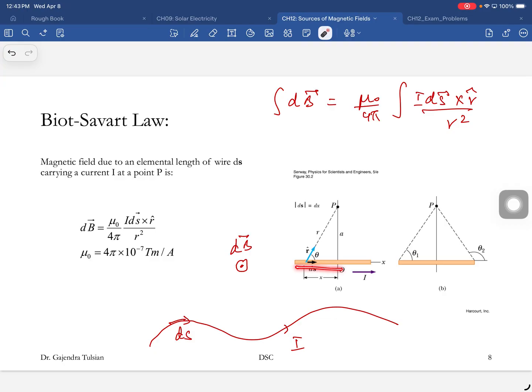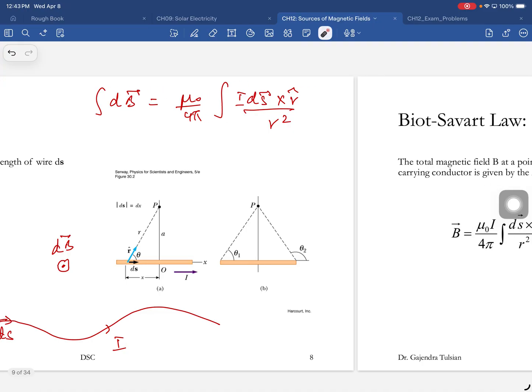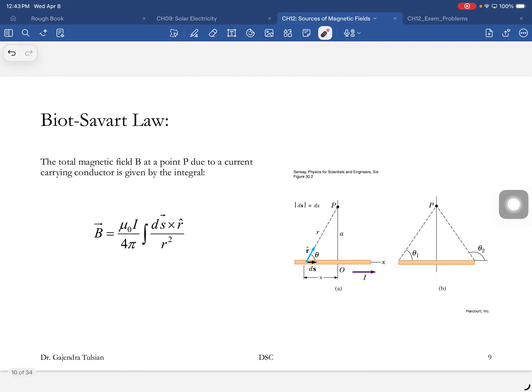All right, so we'll do that. Again, this is the field produced at that point due to this element of the current. R hat is that vector. So here's the general expression, and this is for a current distribution.